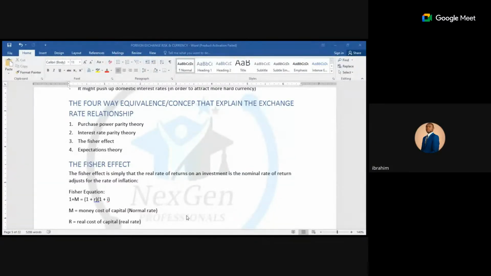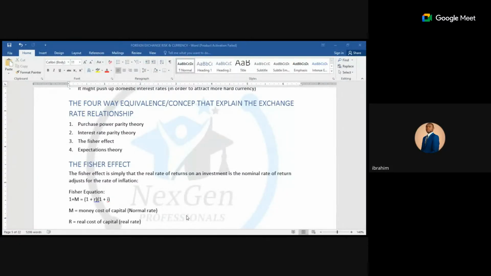Now, class, the concept that explains the exchange rate relationship: we should not forget that the reason why the foreign exchange fluctuates is as a result of interest rate, it is as a result of purchasing power parity, right?